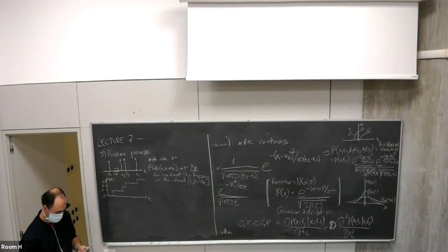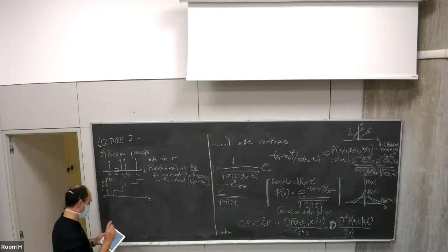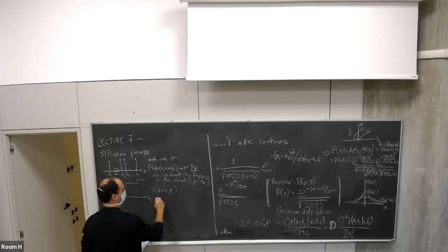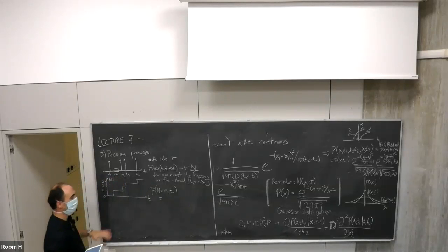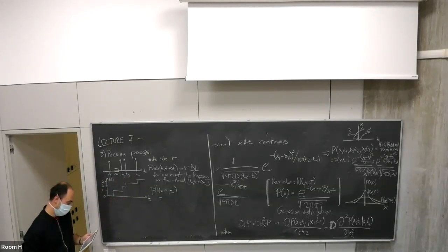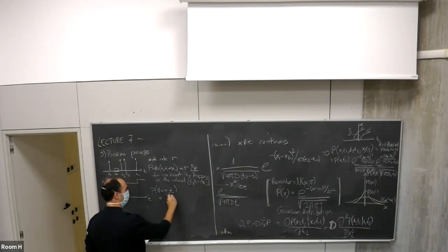From this, you can compute very simply, and this is in all probability theory books, the probability that N equals n at time t. There were a total of n events in a time t. And this is just, well, you can call it lambda to the power n, over n factorial, e to the minus lambda.